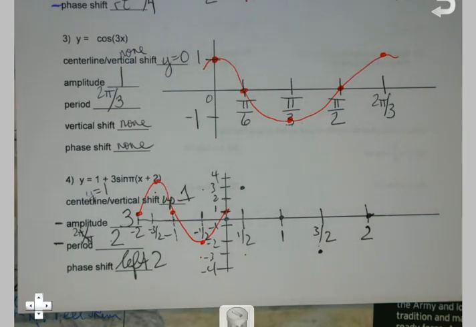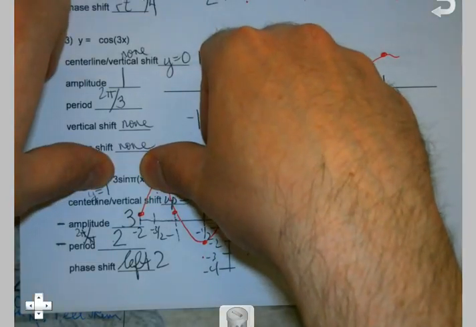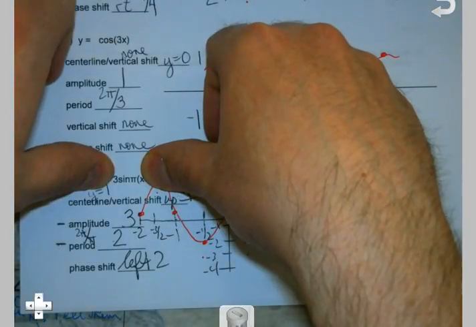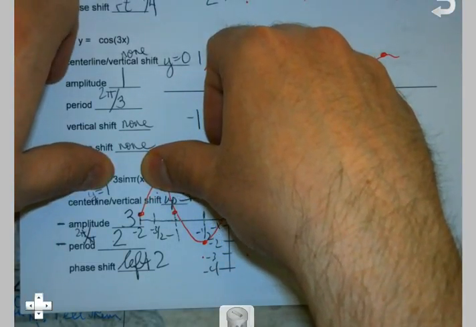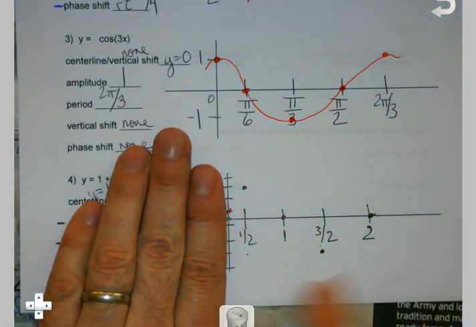But like we did before, I'm going to ignore the vertical shift and the phase shift until I have the regular part of this graphed. So basically, I'm going to pretend that's my whole problem for right now. And I'm going to plot those points. So if my period was 2, half of 2 is 1.